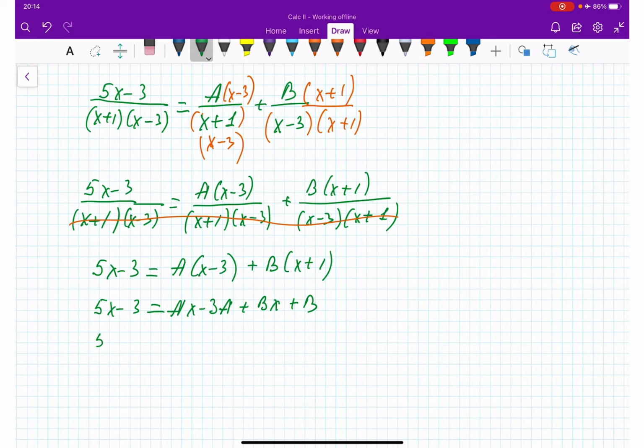From here, 5x minus 3 is equal to, like terms, ax and bx, and 3a and b. So we take x out, we will get a plus b, and plus 3a plus b.